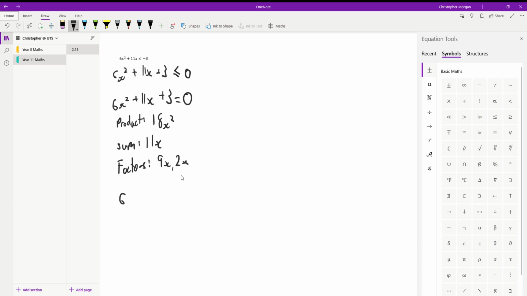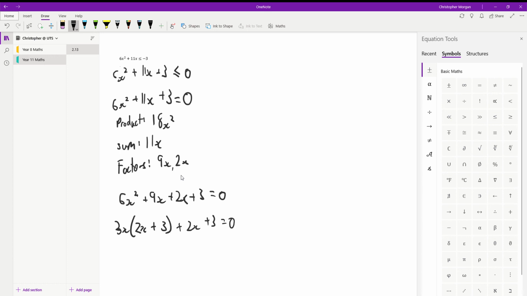So we can rewrite this as 6x squared plus 9x plus 2x plus 3 is equal to 0. Okay, we can start to factor this, so we can take 3x out of both of those. 3x, and that gives us 2x plus 3, plus 2x plus 3 equals 0.